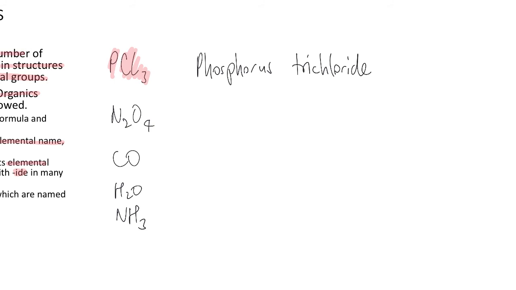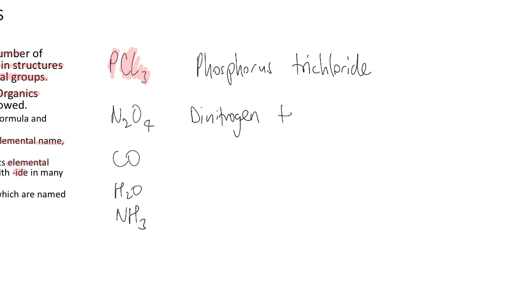We change the chlorine to chloride because it's part of a molecule, no longer by itself. Here we have another one, 2 nitrogens and 4 oxygens. Now I do need to give a prefix, so it's dinitrogen. Notice the nitrogen didn't get a change to the suffix, so it's nitrogen, not nitride, just like phosphorus wasn't phosphide.